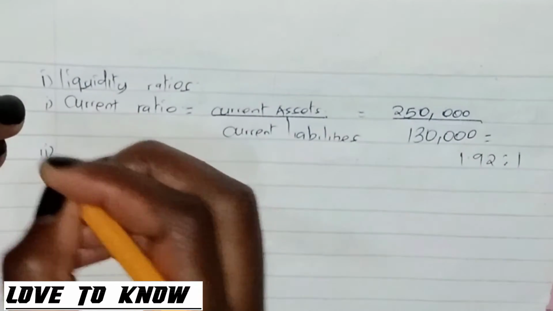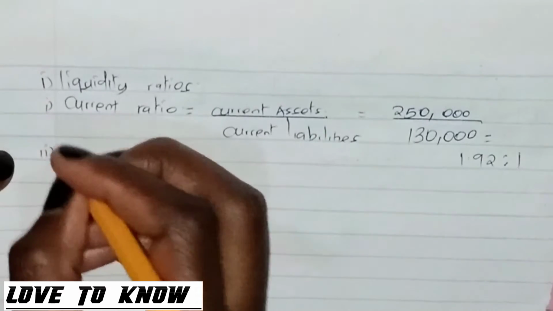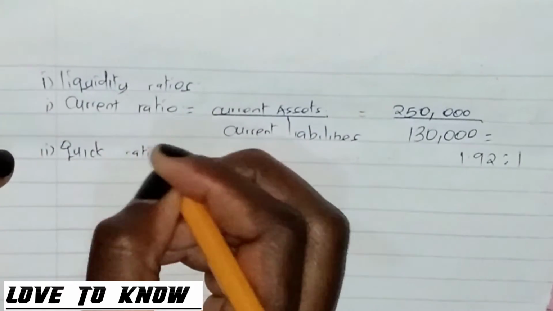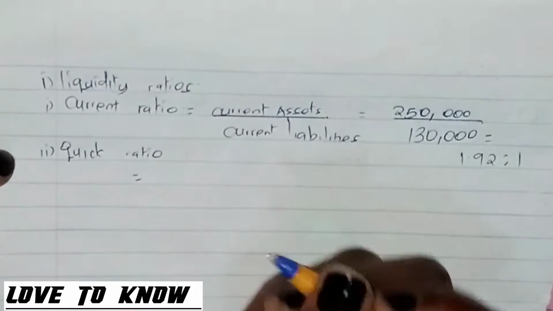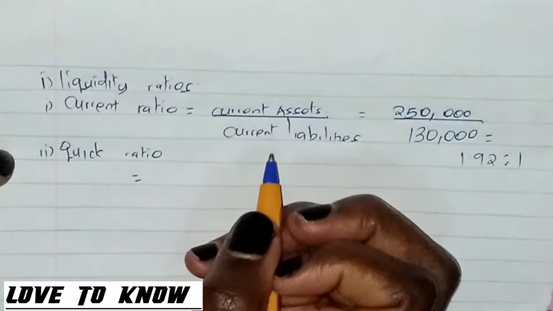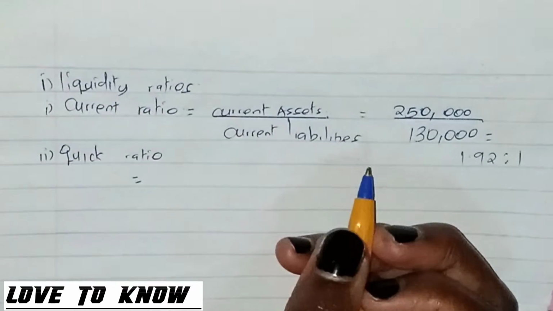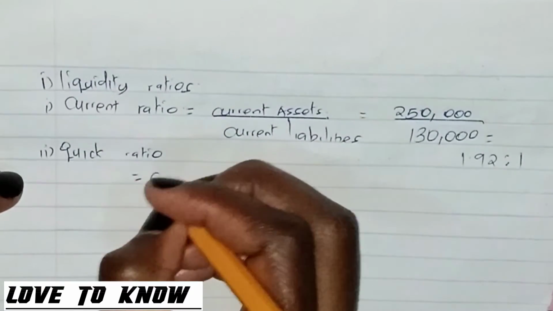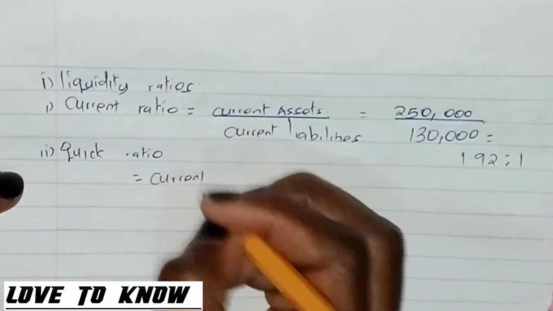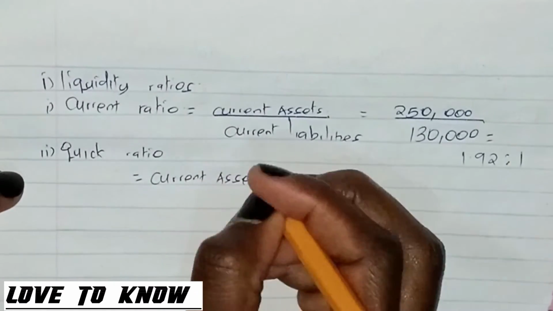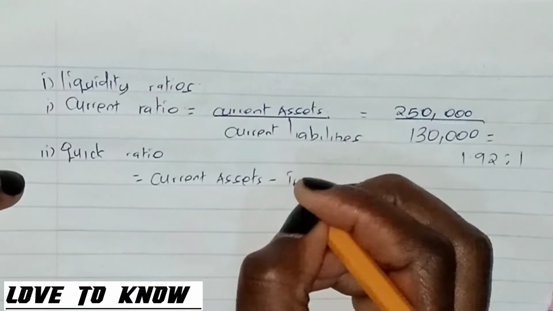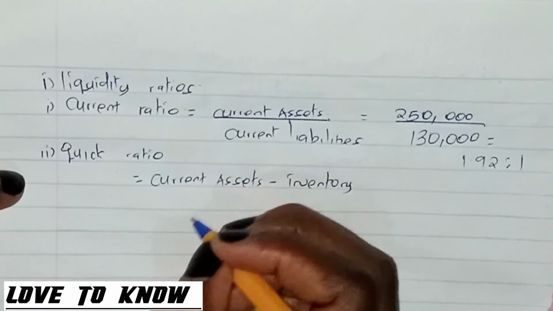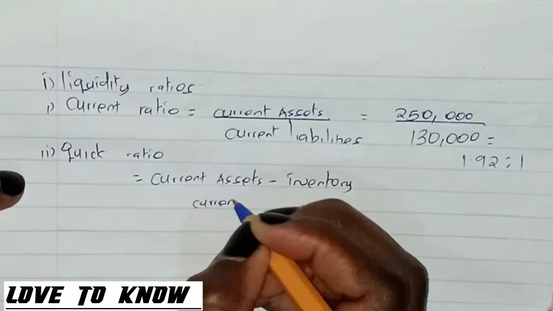The next type of liquidity ratio is the quick ratio. The quick ratio is calculated like the current ratio, but in the current assets we less inventories or stocks. The formula is current assets, you less inventory, then divide it by current liabilities.